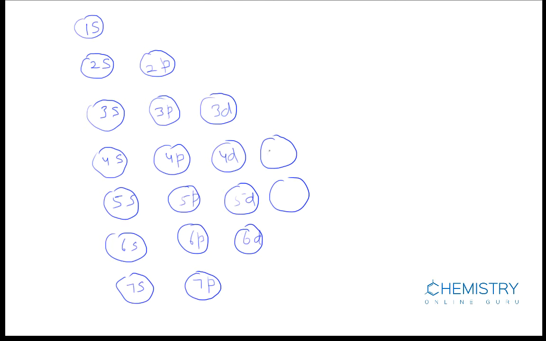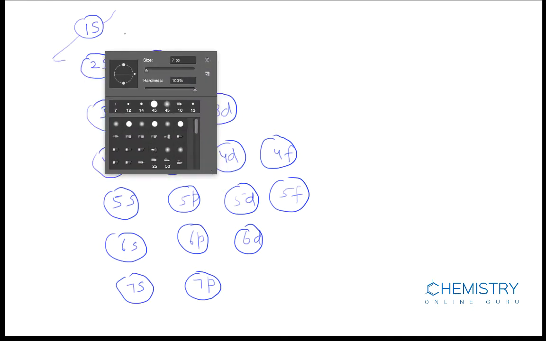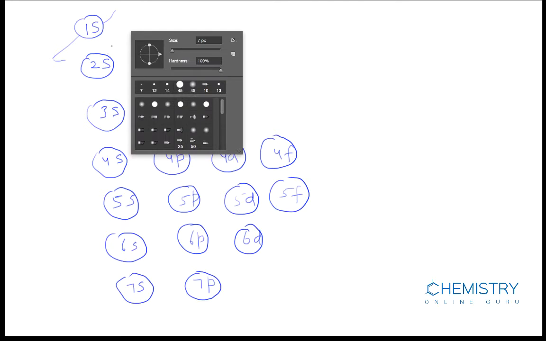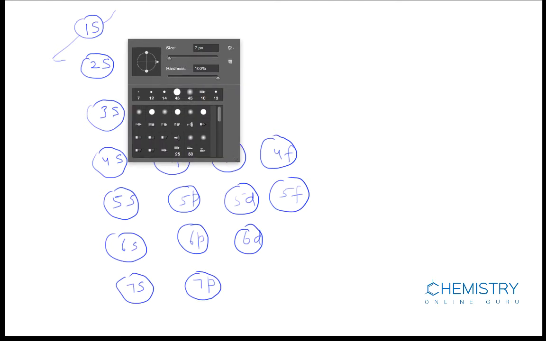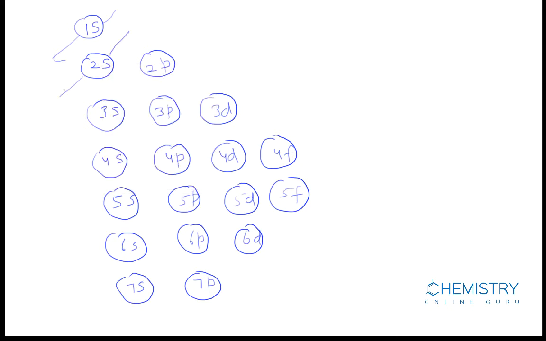In the fourth row, 4f, then 5f. We can draw lines like this.